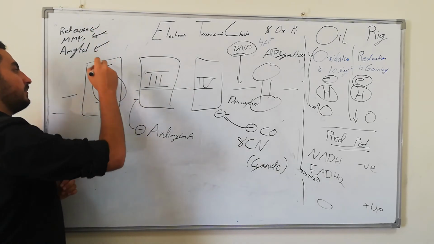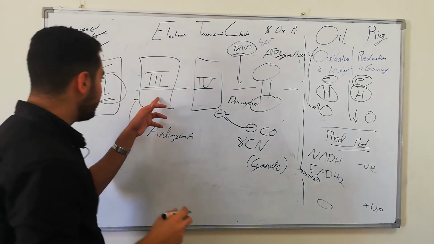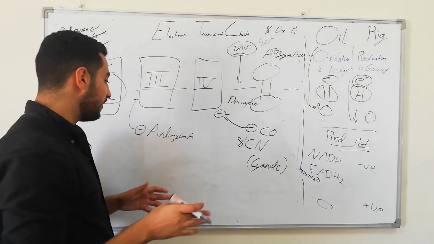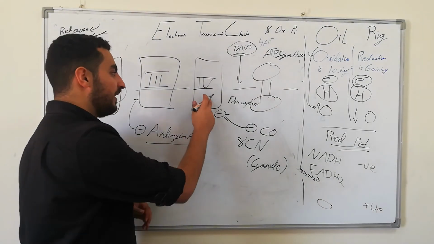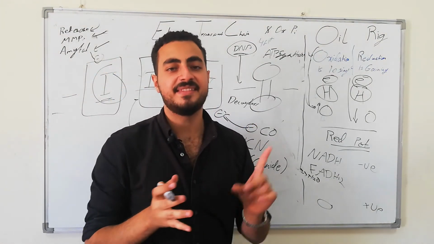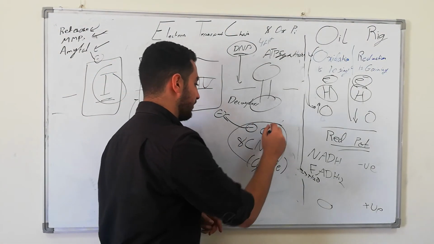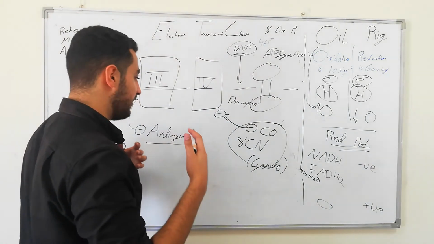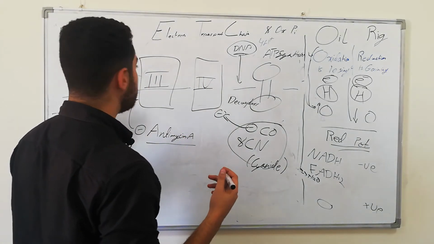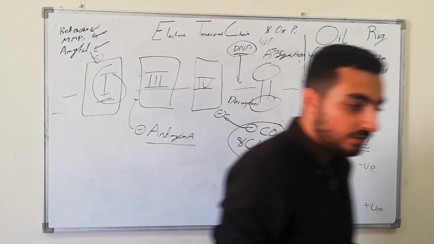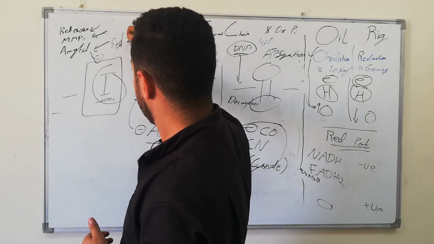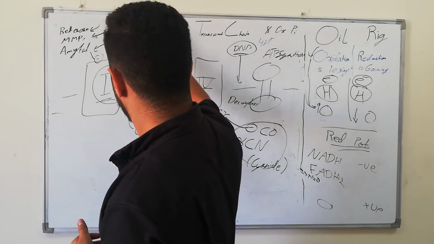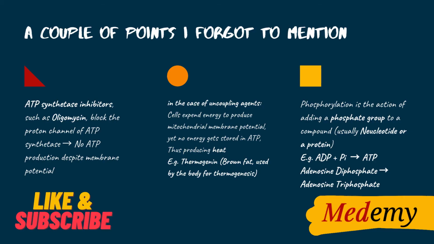All of these are complex 1 inhibitors. For complex 3 inhibitors, there is only one very significant one, which is antimycin A. And complex 4 inhibitors are plenty, such as carbon monoxide and cyanide, which are very toxic, by the way. Most of these are toxic, so they aren't really used much, with the only exception of one sedative, which is amytal. It's a sedative and hypnotic. There is a fifth class of inhibitors called ATP synthetase inhibitors.